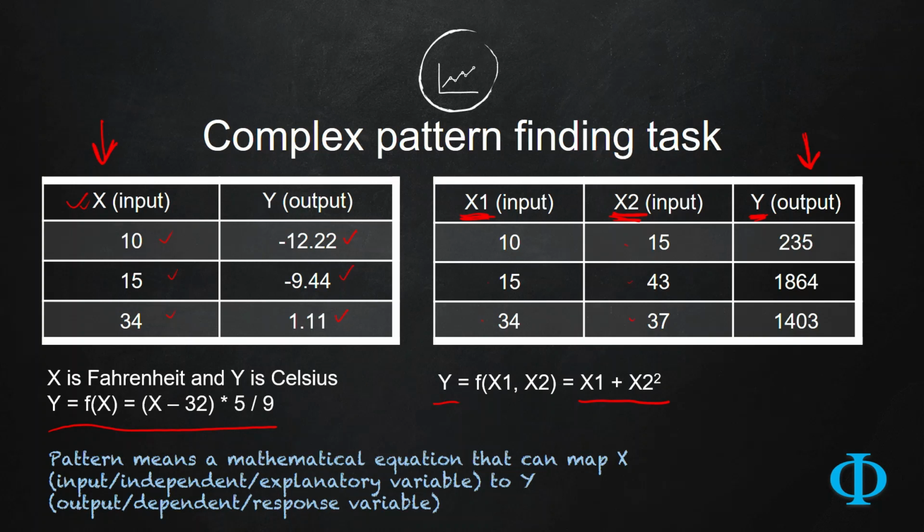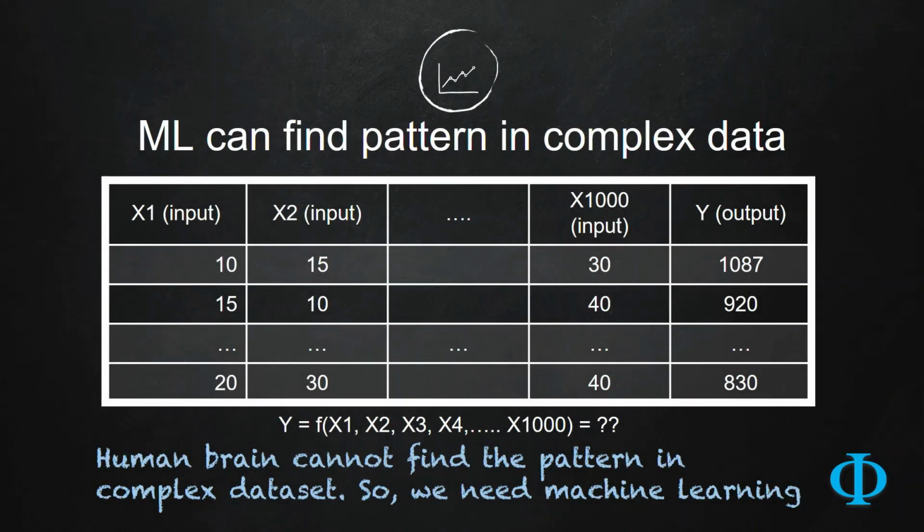But what if the data set grows in size like this? For example, instead of only x1 and x2, now there are almost 1,000 different input variables, and instead of only 3 or 4 data points, there are, let's say, 1 million data points over here.